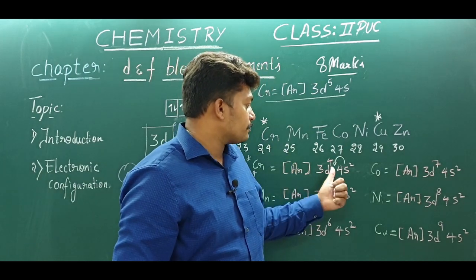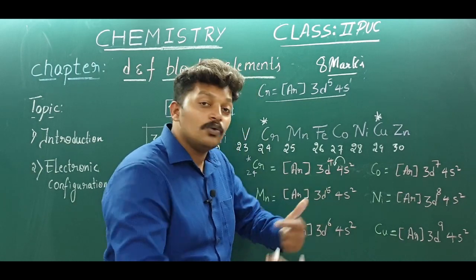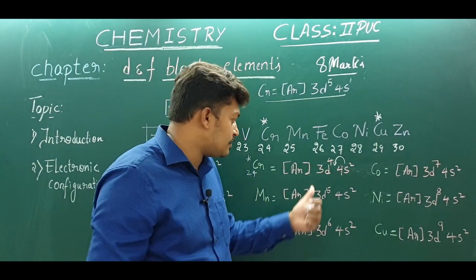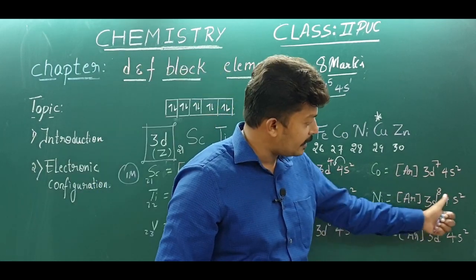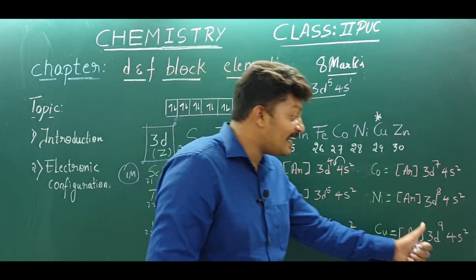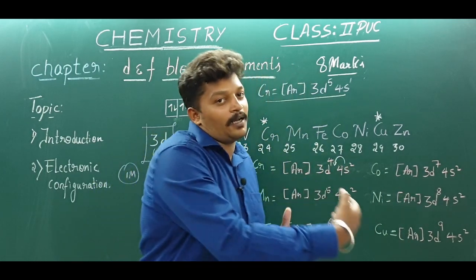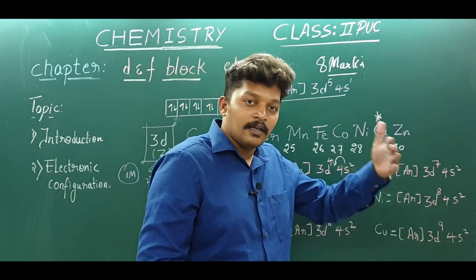Then 4s1, you may ask, sir, what happens when s loses 1 electron? s can fill 2 electrons, half of it means 1, so that it becomes 3d5, 4s1. Nickel is 3d8, 4s2. But in the case of copper, it has 3d9. I just told that half filled is stable, then completely filled. We have two types of tickets in a bus also, half ticket, full ticket.